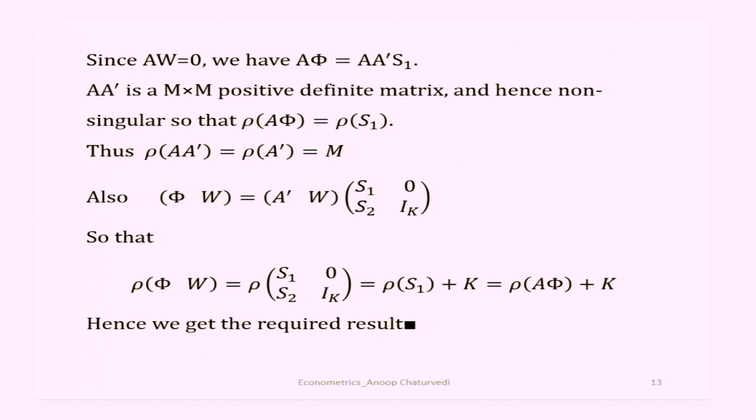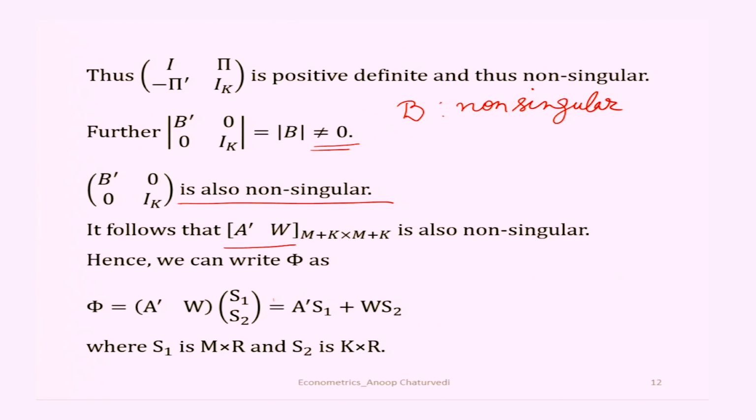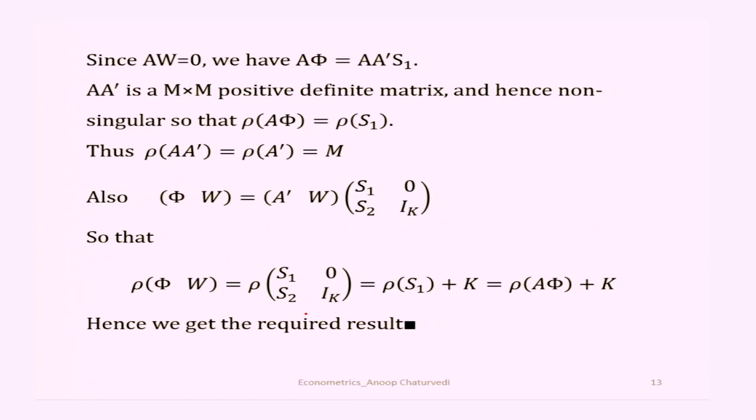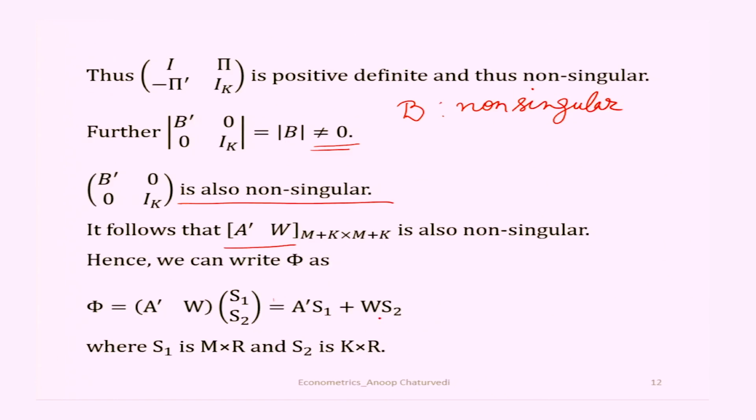Further, A W is equal to 0. So, we are writing phi equal to A transpose S 1 plus W S 2. Then if we take A phi, we get A transpose S 1 here and A W is equal to 0.